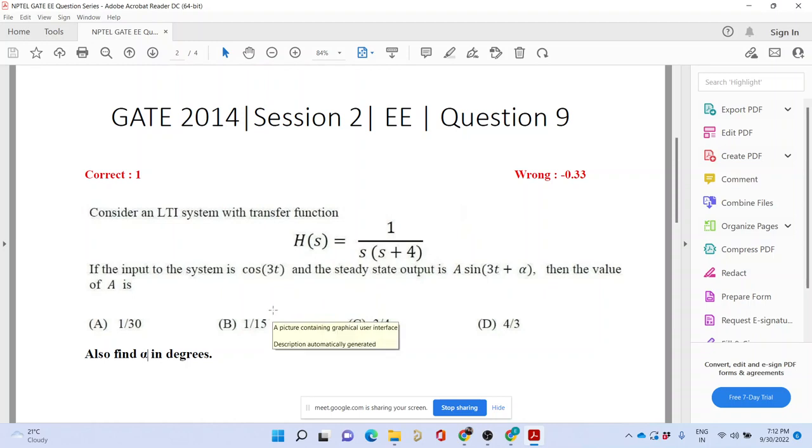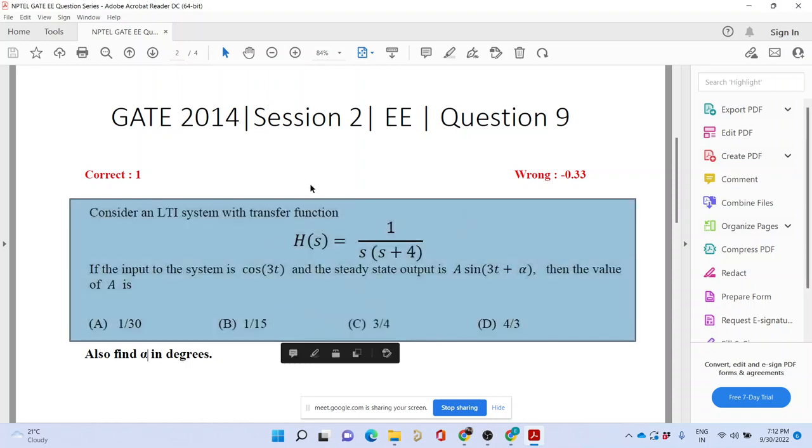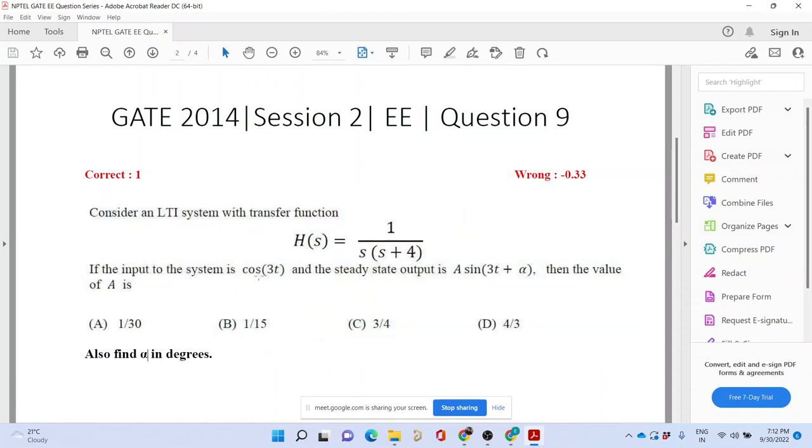The only difference is the magnitude and the phase. This system would either attenuate or amplify the signal, and it may or may not add some phase to it.